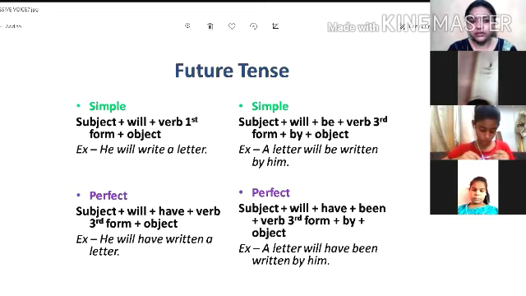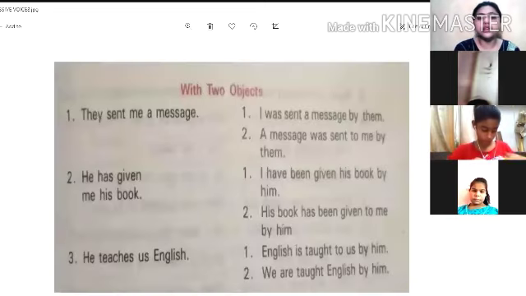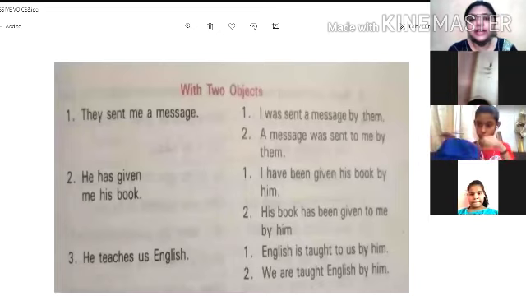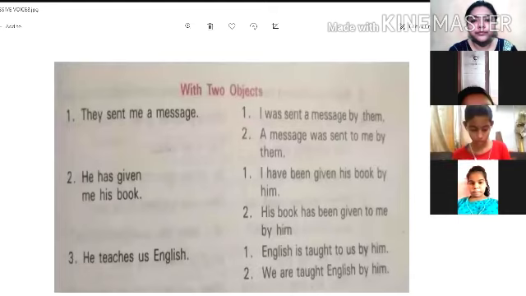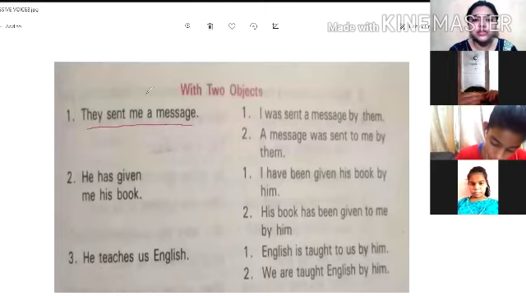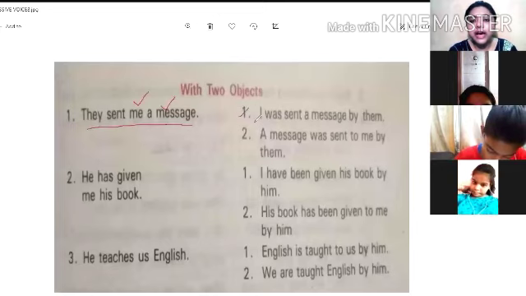Now there are some other kinds of sentences also where there are more than two objects. Now what do we do in that case? For example, here it is said that they sent me a message. Now me is also an object and a message is also an object. We can write it in two ways. What are the two ways?